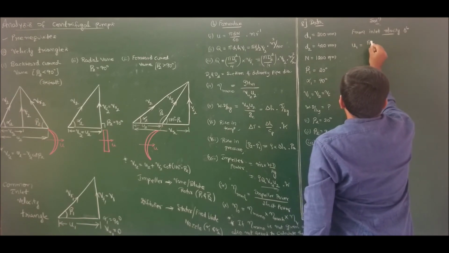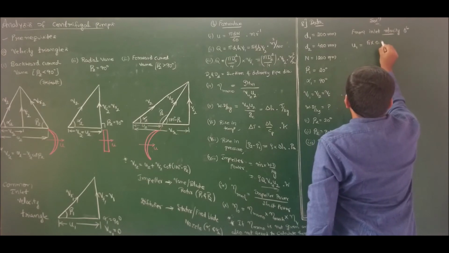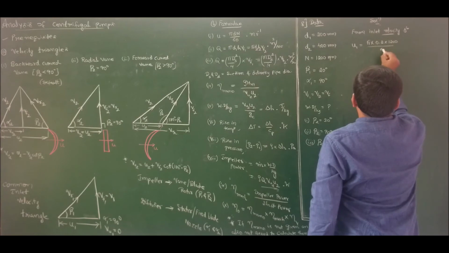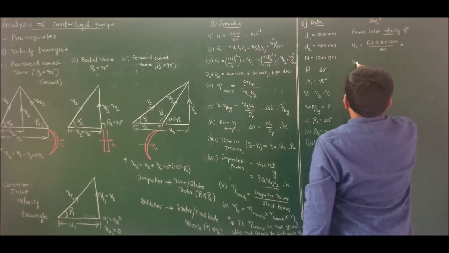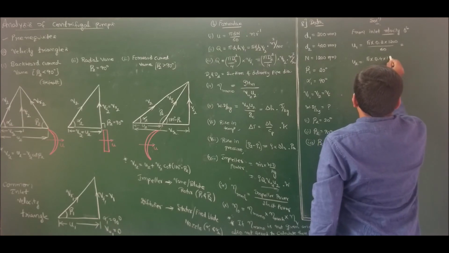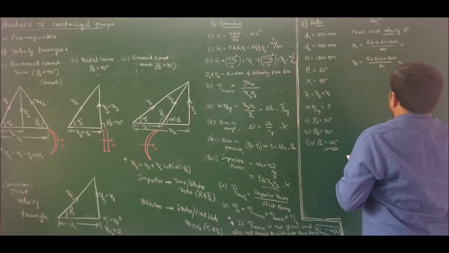u1 will be pi into 0.2 into N, which is 1200 by 60. u2 will be pi into 0.4 into 1200 by 60.